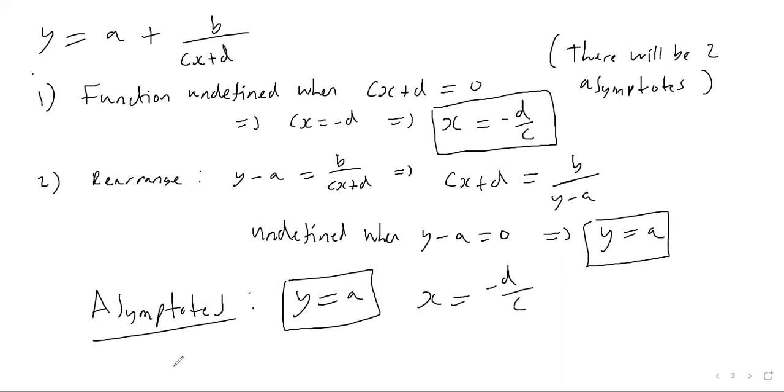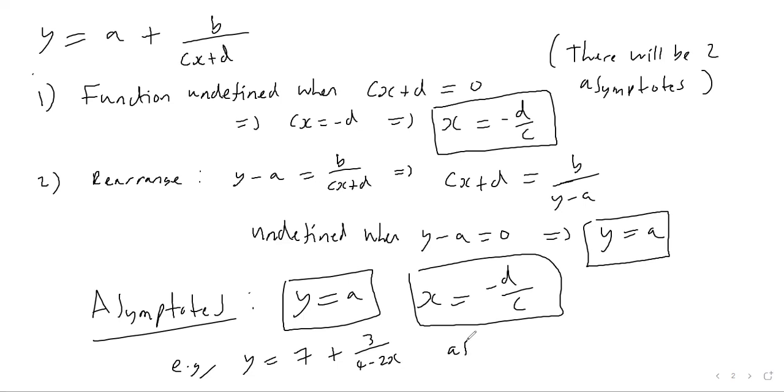For example, if you've got the graph y equals 7 plus 3 over 4 minus 2x, then for your asymptotes, you're going to get one when y equals 7, so that's your first one, and you're going to get one when x equals negative d over c.